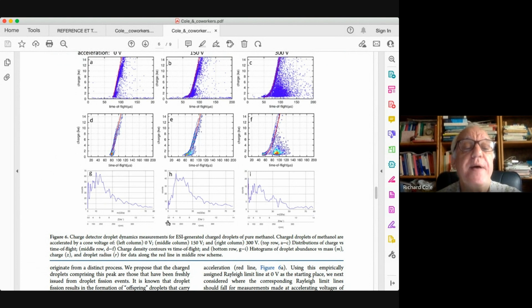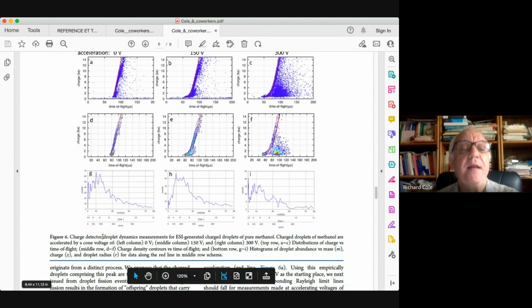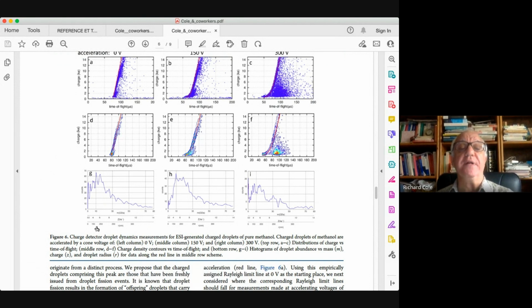These correspond to charge values around 6,000 charges and droplet radii of about 200 nanometers. These scales here are not linear, but if we're truly at the Rayleigh limit, then all these values are valid. That's how we were able to generate these plots.